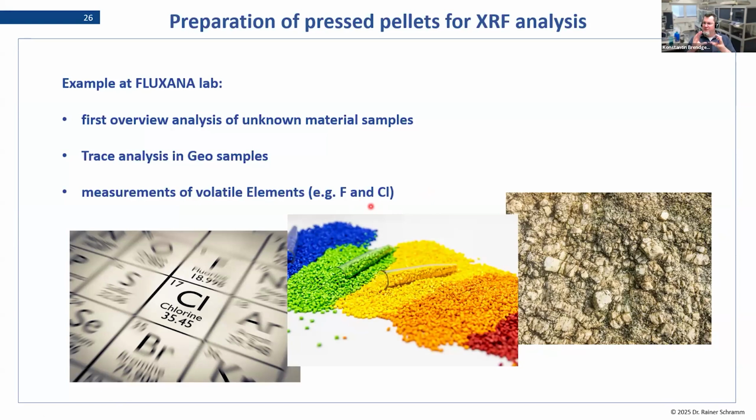But in a pressed pellet, it's better. You have the particle effects, but you do not have the volatilization effect. So the compromise is just better, and the results show that when these are your main analytes, it's better to go for a pressed pellet, because in a high temperature process such as fusion, you just lose them.